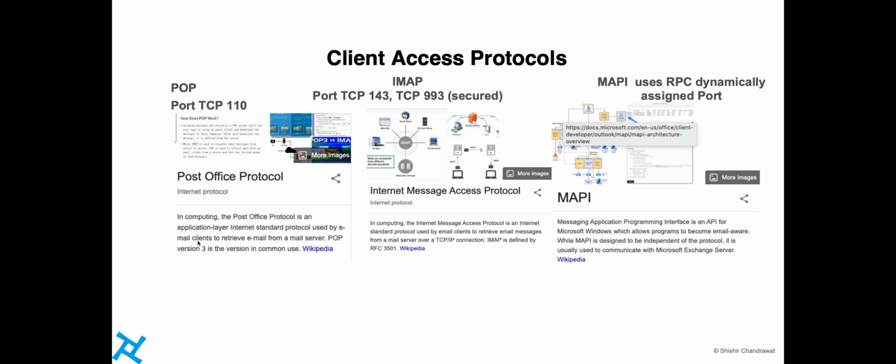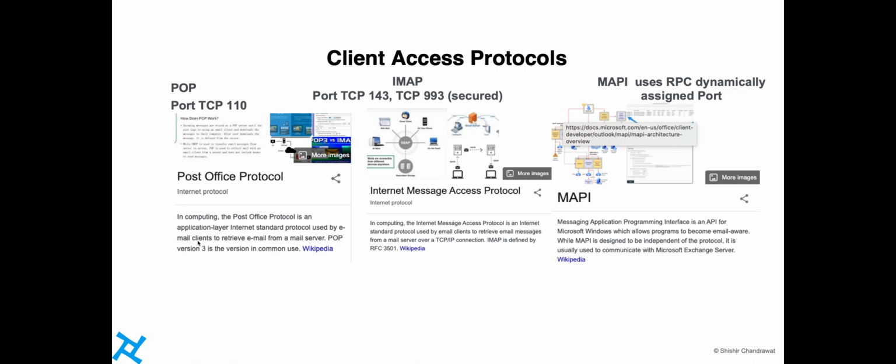Now, IMAP is a good protocol, and why I say it's a good protocol, because the inherent problem with POP, which is the non-syncing of data between the email client and the mailbox server, and then eventually the same synchronization also happening to other clients which are configured for the same mailbox server, that problem is not with IMAP. So IMAP can synchronize if you have created subfolders in your Outlook, or even if you created a subfolder in your inbox using your phone, IMAP will synchronize that to the mailbox.